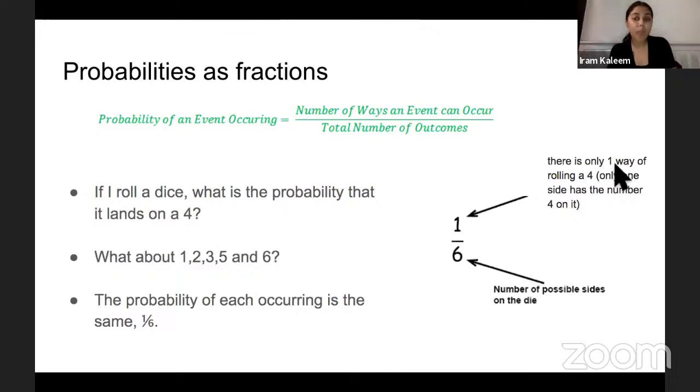There's only one way that we can roll a 4, because only one side of the dice has the number 4 on it. So we put a 1 at the top. Then at the bottom, we say it's out of 6 possible outcomes, because there's a total of 6 possible faces on the dice. So the probability of landing on each one is 1/6, one option out of 6 total outcomes.